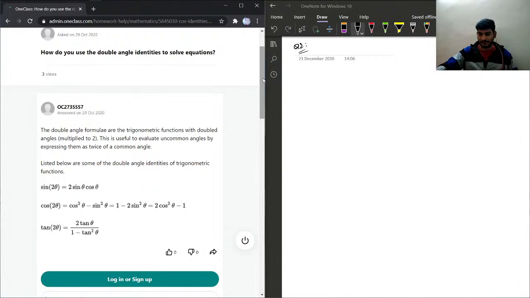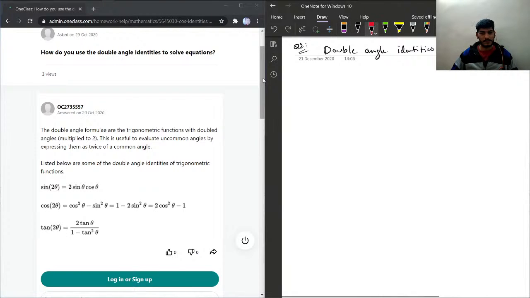So I will just write here, identity. These are a few formulas. The sine of 2 theta will be 2 times sine theta cosine theta.